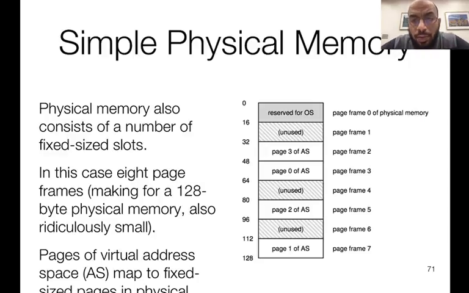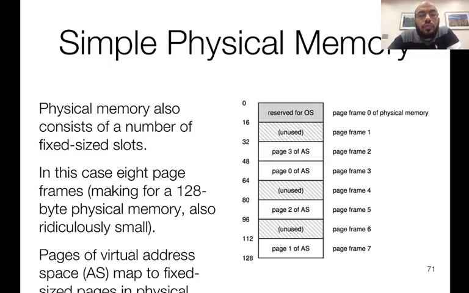So you map each of these virtual pages to a physical page. The physical memory will also consist of a number of fixed-size slots. These fixed-size slots can be either larger than or equal in size to the virtual page sizes.